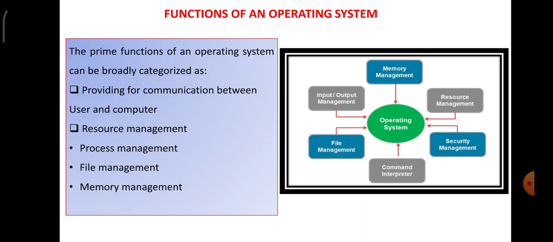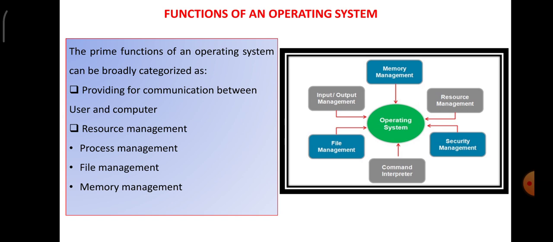Functions of an operating system. The prime function of an operating system can be broadly categorized as providing for communication between the user and the computer. It is nothing but a bridge between the user and the computer. Resource management, process management, file management, and memory management.